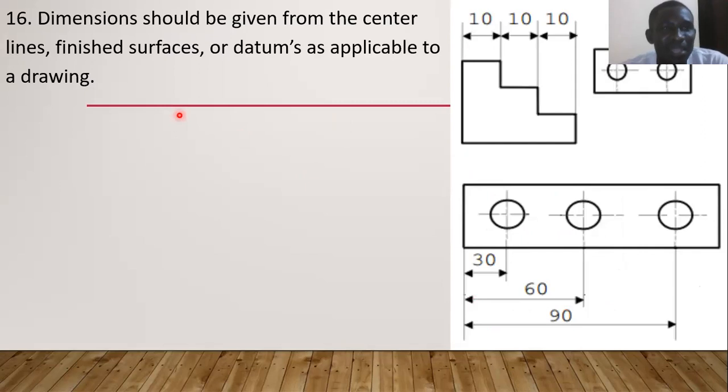All right. 16: dimensions should be given from the center lines, finished surfaces or datums. Now, a datum is just a reference point.